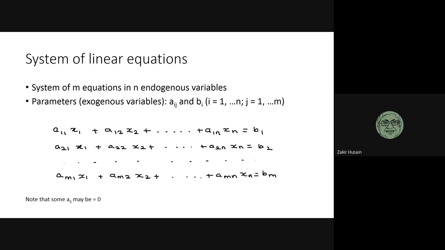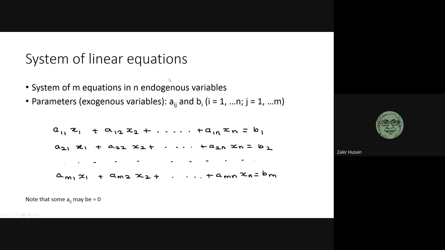So we have a11, a12 up till amn parameters, plus b1 to bm parameters. Now, some of these aij's may be zero also. For instance, we can have an equation in which this term doesn't arise. A1n is zero. That is quite possible.